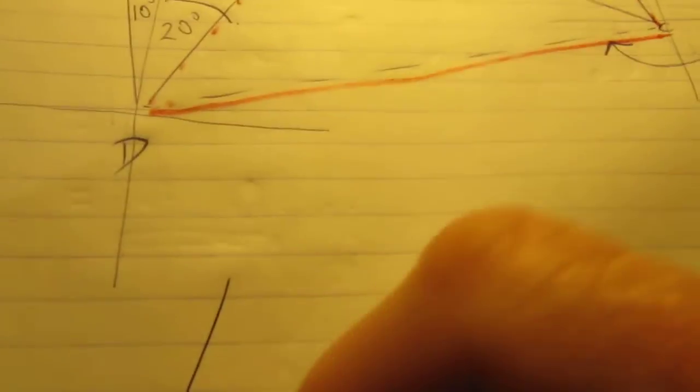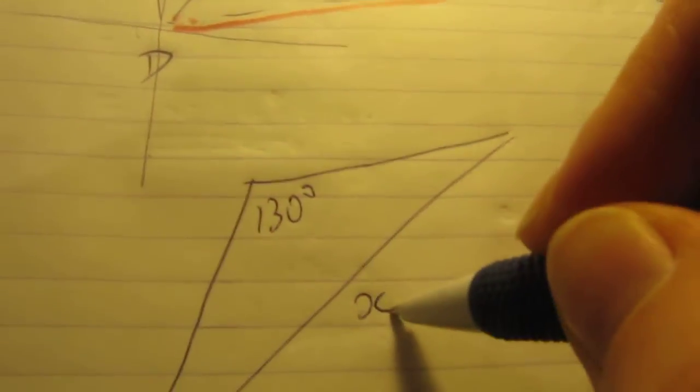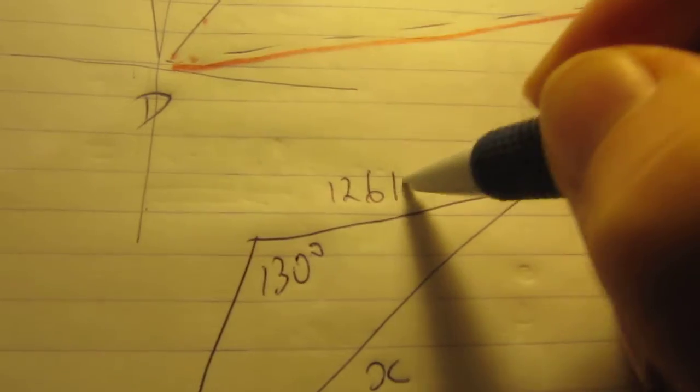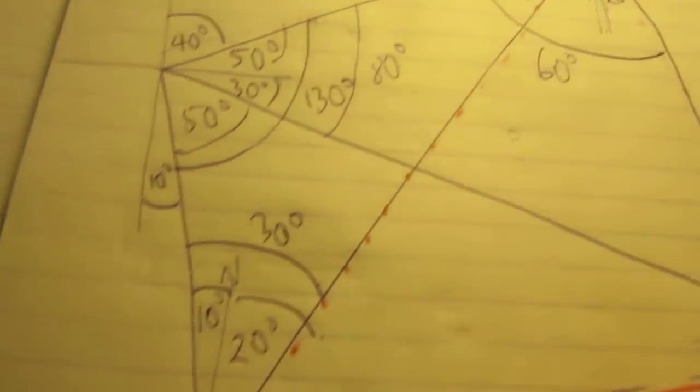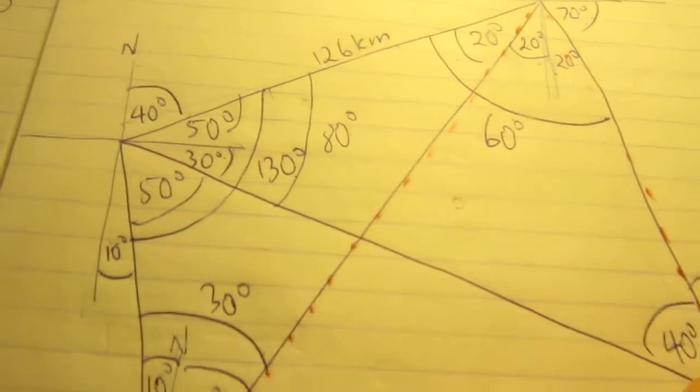So if you just redraw that for yourself to save confusion when you're looking at it, 130 degrees, this is 126 kilometres, and down here is 30 degrees. I've just literally copied this little triangle here to make my life a bit easier when I'm looking at it.